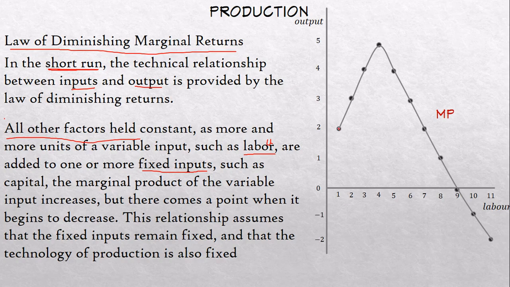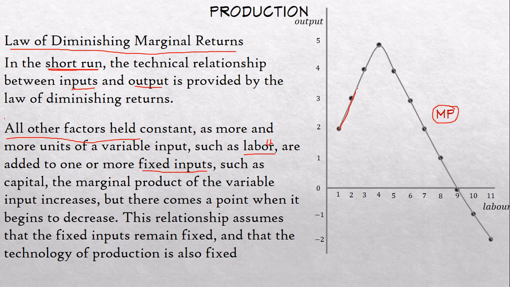So when I was employing additional farmers, I was getting more total product, and the reason is because the MP was increasing. Okay, so when I keep on employing labor, when I keep on employing the farmers, my MP is going to increase.